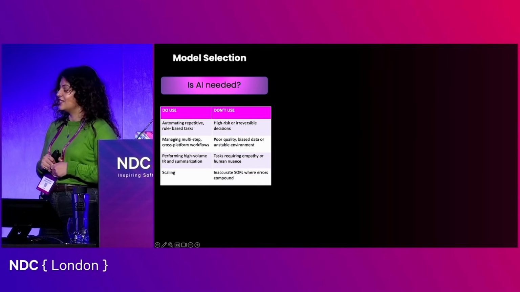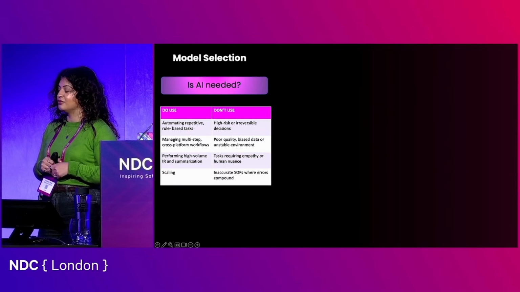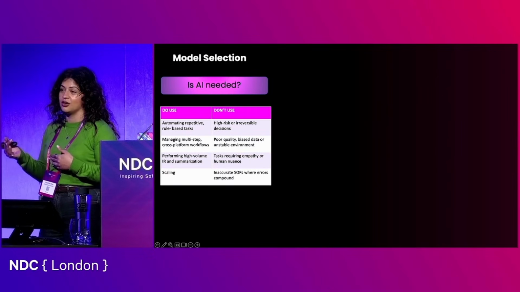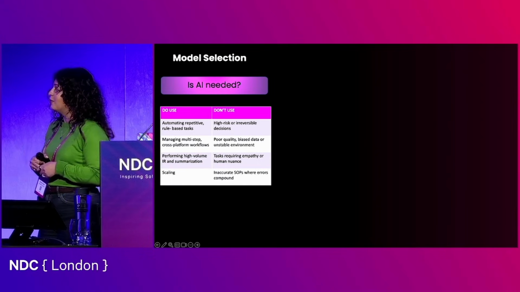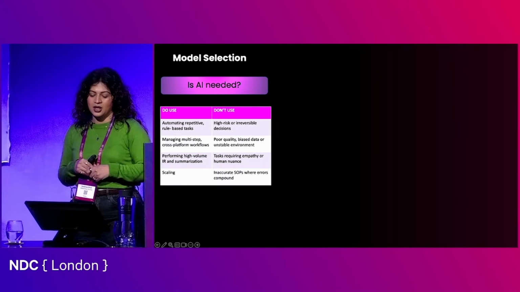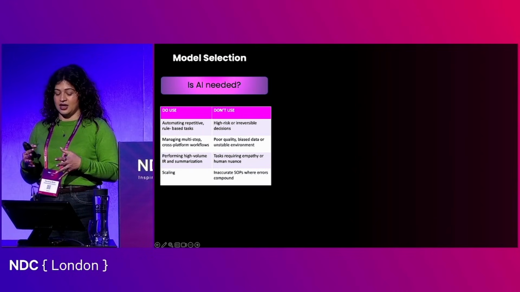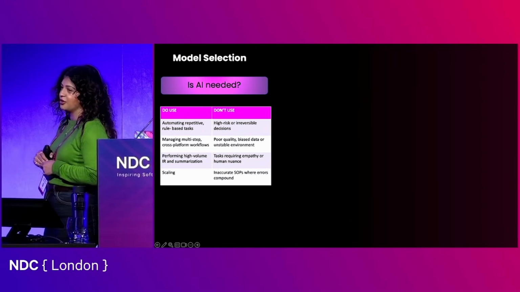We definitely see that through over-reliance on these kind of LLMs to generate our code for us. And often that can be not the most efficient code, and definitely needs to be looked at again. But when we have decided that AI is actually needed, where do we go from there?